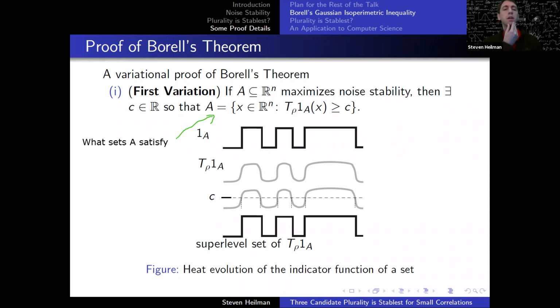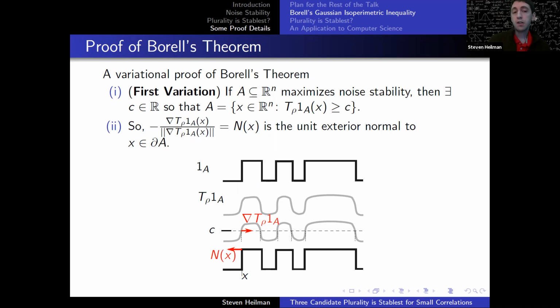You start with a set, you evolve heat, take a super level set, and get the exact same set as you had at the start. But it's hard to characterize them in general, at least as far as I can tell. Anyway, that's a side question. So that's our first variation condition.